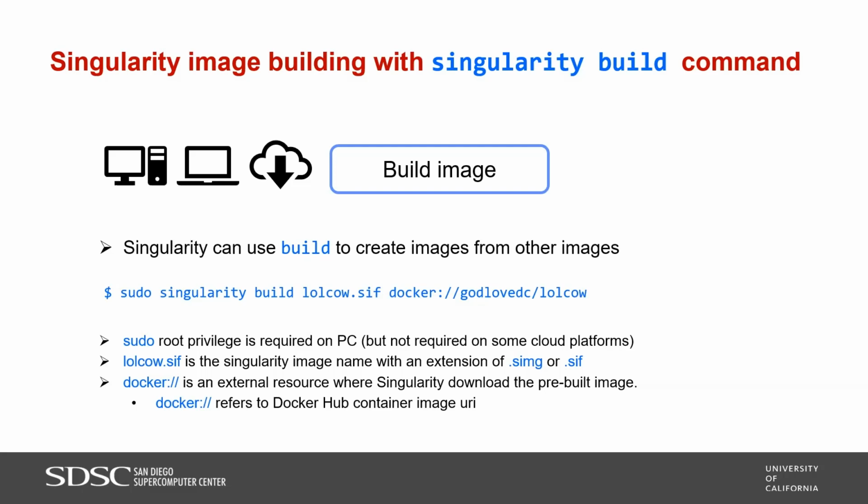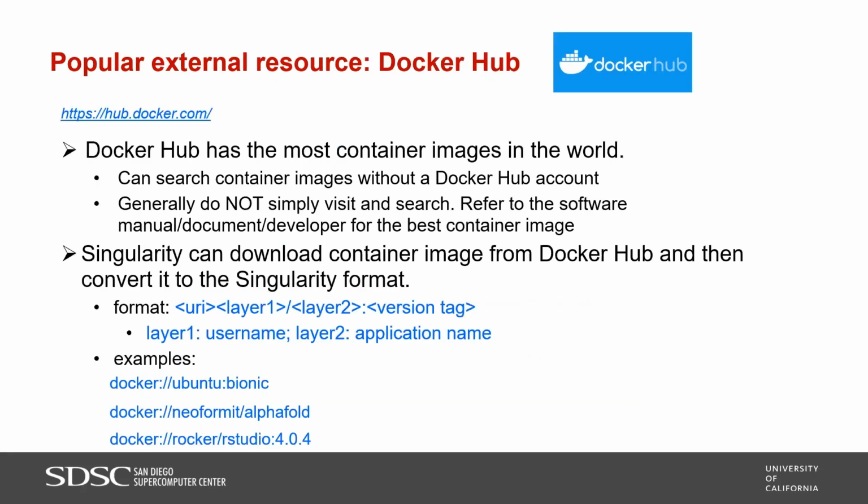So what is Docker Hub? I'm going to introduce those popular places where those pre-built images are saved. Okay, so Docker Hub, we just saw an example in the singularity build command.